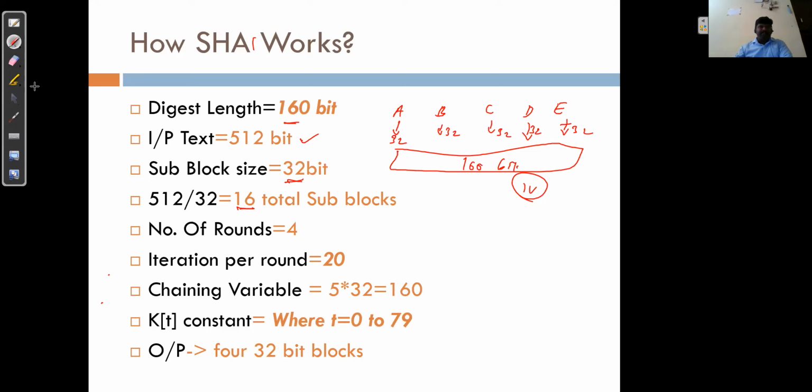Okay, I was explaining about the total number of rounds. Here also we are going to process 4 rounds, but in each round we will be performing 20 iterations, or we could say 20 steps. So 4 into 20 gives 80 steps.